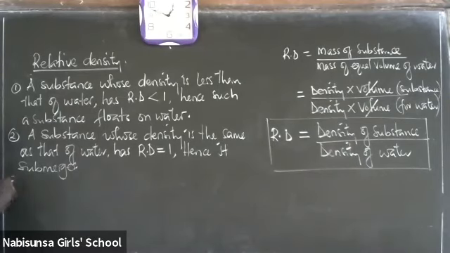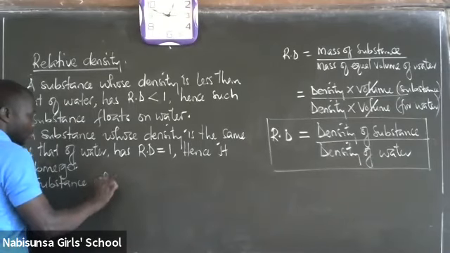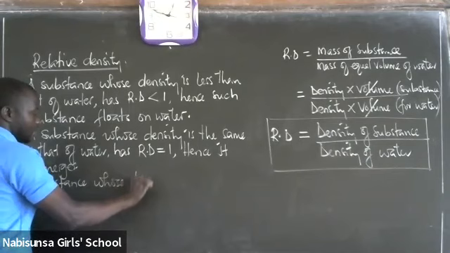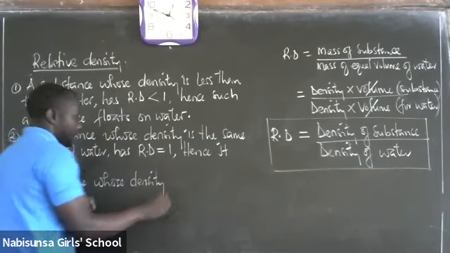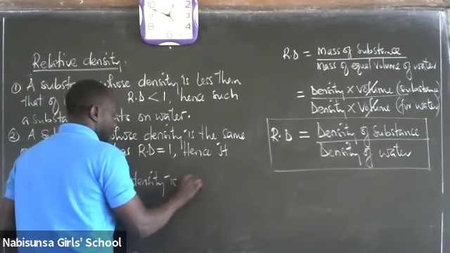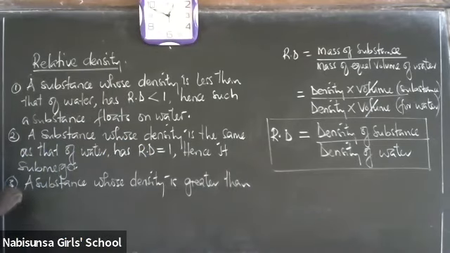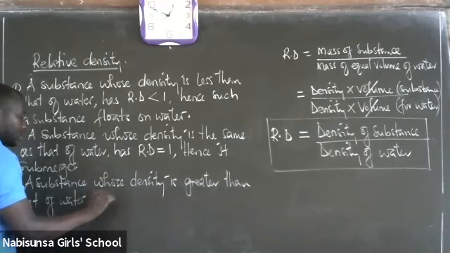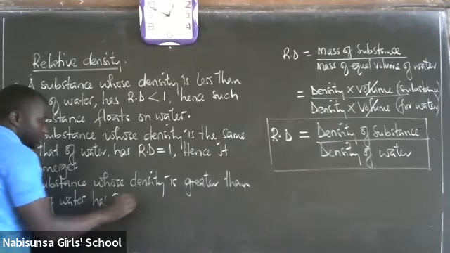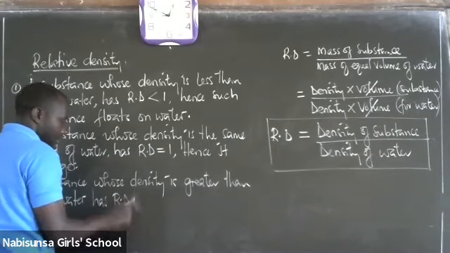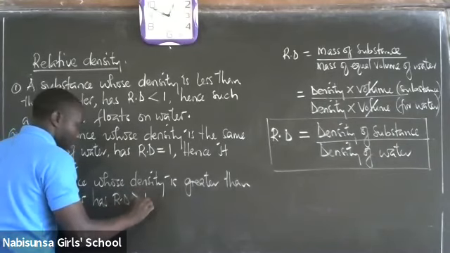And number 3: a substance whose density is greater than that of water has relative density greater than 1.